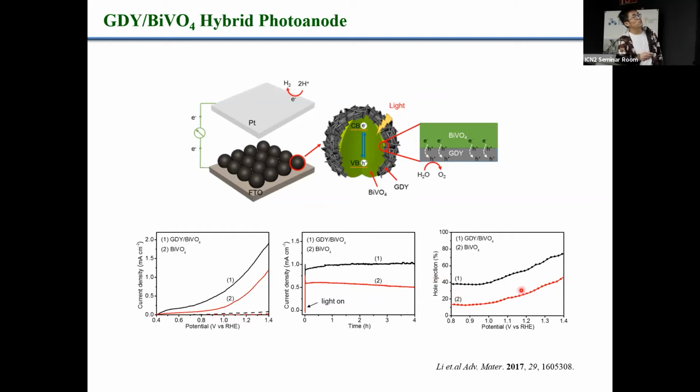And this is the hole injection rate. We can see the hole injection rate was improved largely after we coated the graphene. So these two works indicate our graphene can be used as a promising hole transfer material for both photocathode and photoanode.